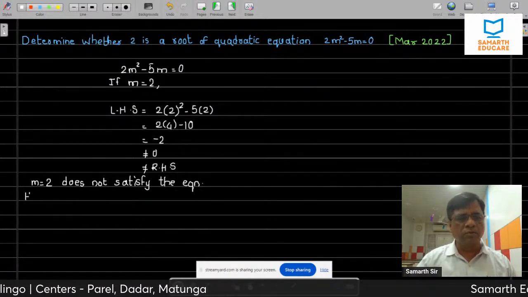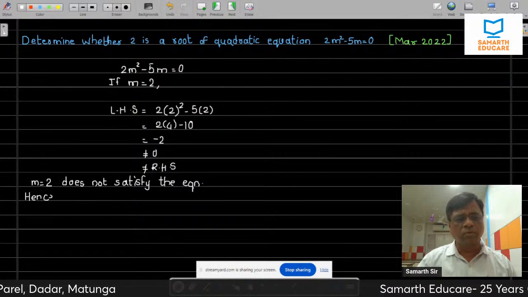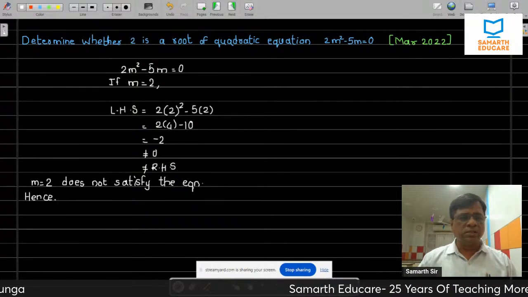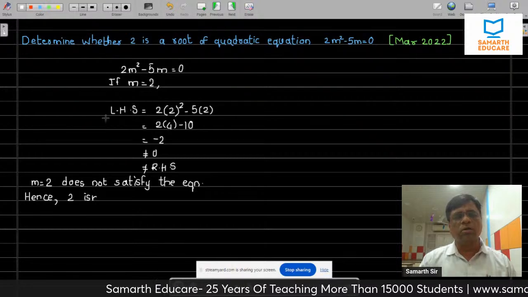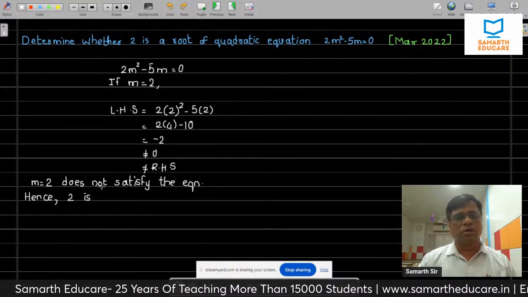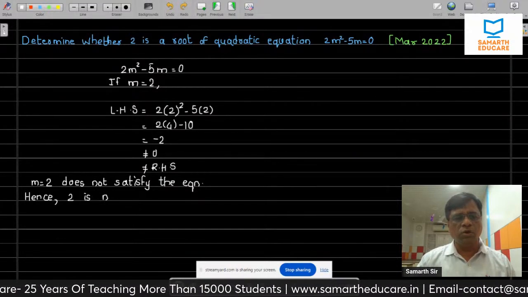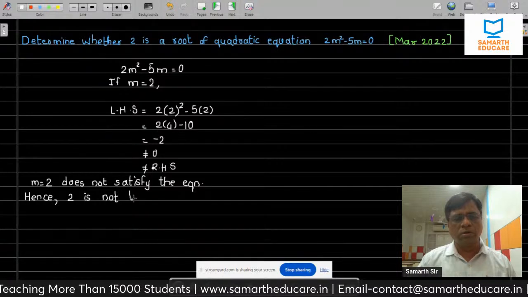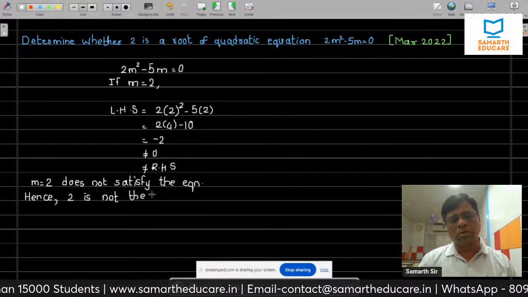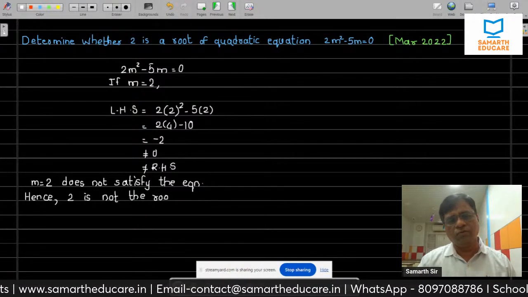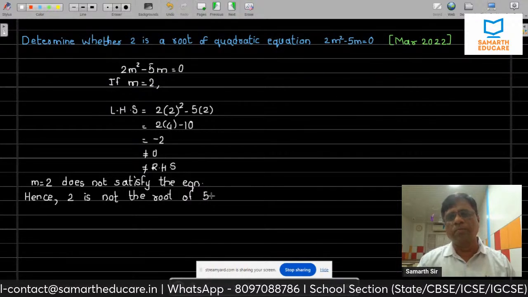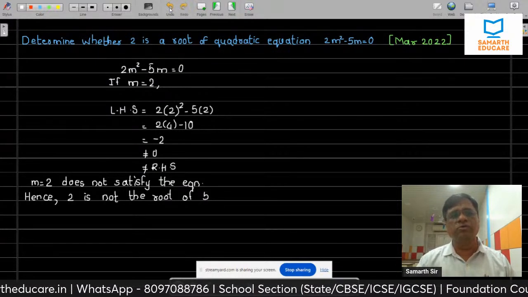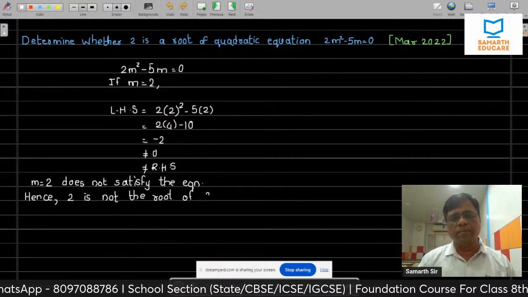Hence 2 is not the root of the equation. Oh, I'm sorry, it's not 5m square, it is 2m square.